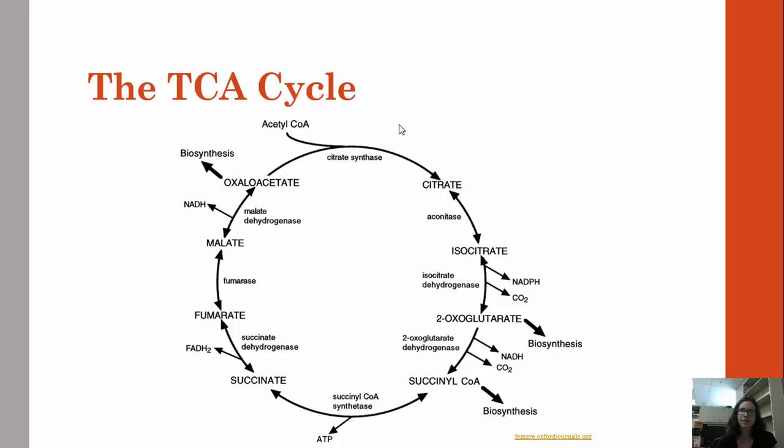So for the purposes of this class, I don't need you to necessarily memorize each step, but I need you to know what's happening here. Let's take a closer look at these steps. We can see the substrates here, and here are the enzymes that are needed to make the reaction happen. One really common one is this dehydrogenase enzyme.